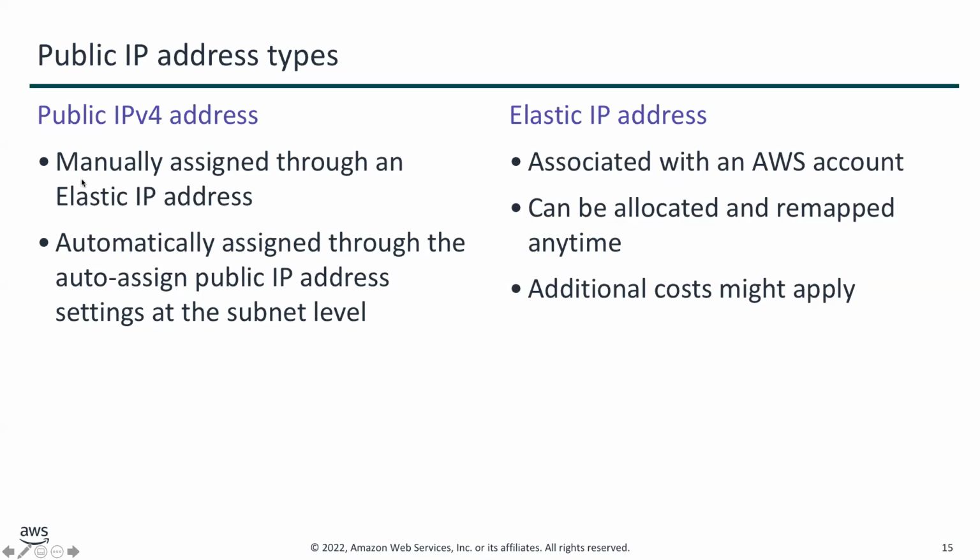We can manually assign a public IP address through what we call an elastic IP address. Now, this elastic IP address, remember, is a chargeable resource. They charge you if you use an elastic public address. There is a default public address which is assigned to resources when you are creating them. There is an auto-assign option. That is free. But if you want to add an elastic IP address, then it will be chargeable.